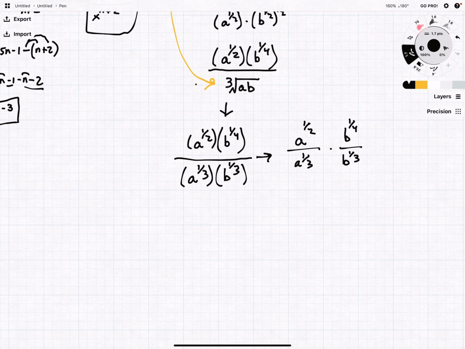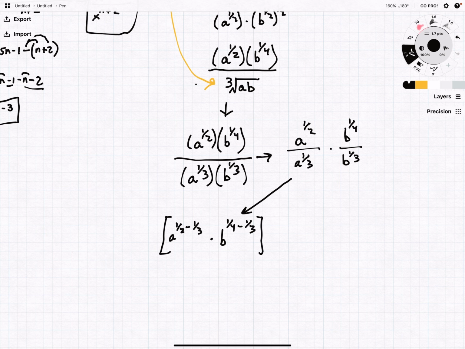Now from there, we know that when we have the same base but different exponents and we're dividing, well, we subtract. So now we have A to the 1/2 minus 1/3 times B to the 1/4 minus 1/3. Okay? Well, in order to subtract these fractions, we need a common denominator, right?